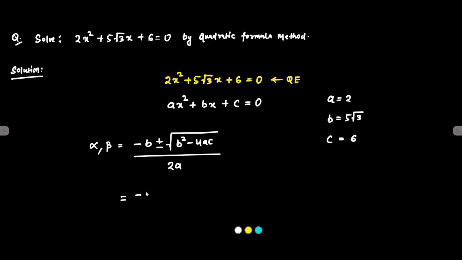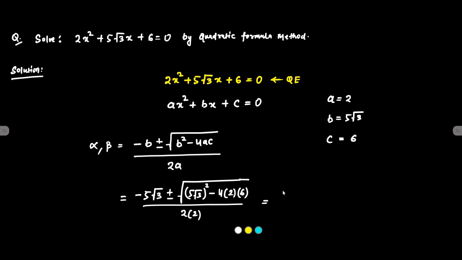So minus 5 root 3 plus minus root over 5 root 3 whole square minus 4 into 2 into c, which is equal to 6, by 2a, which is equal to 2 into 2.